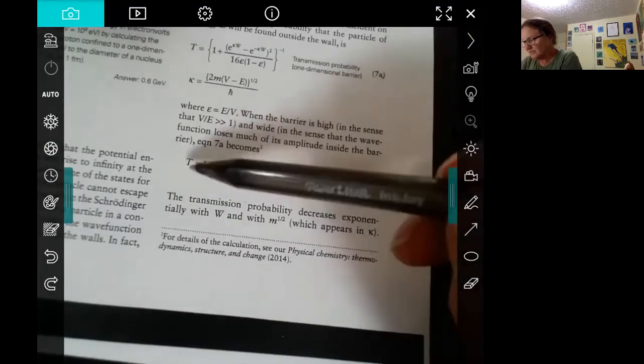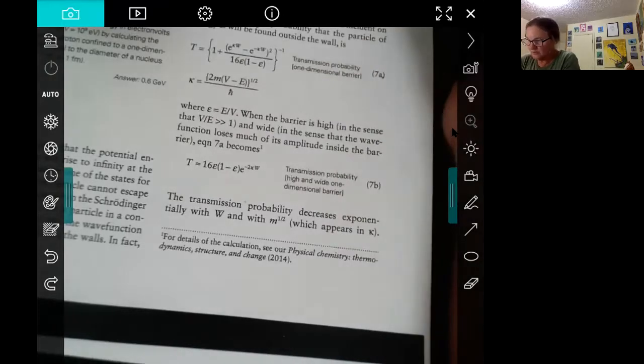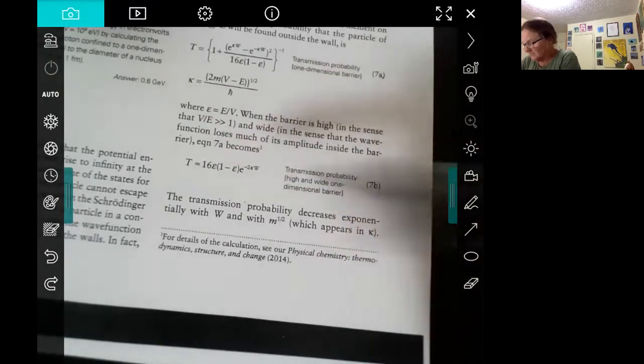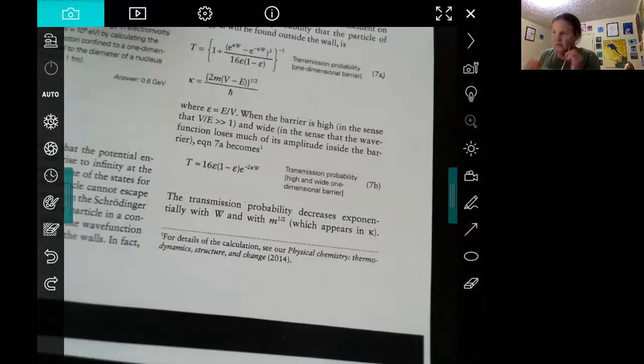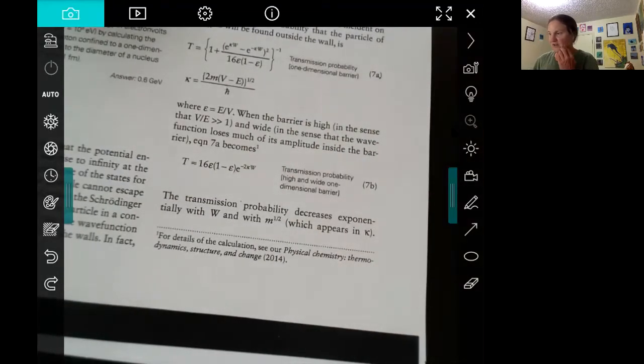So the tunneling probability, so that's the probability that the particle gets through the barrier, is defined by this equation. So we're not going to solve it. It's no more difficult to understand than the particle in the box, but it's actually kind of hard algebra to get the boundary conditions satisfied so that the waves and the derivatives are equal at the walls.